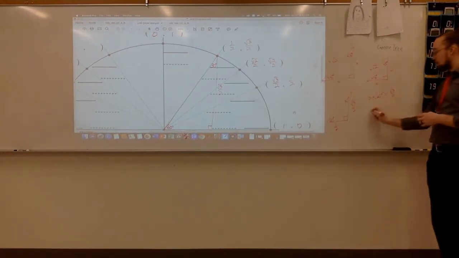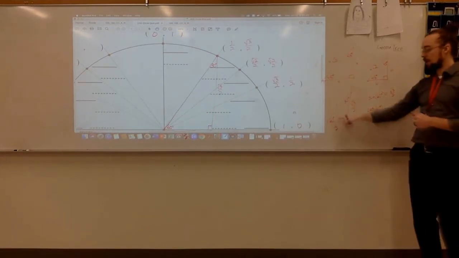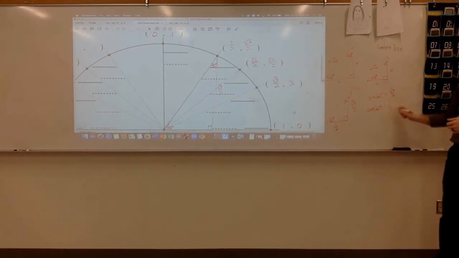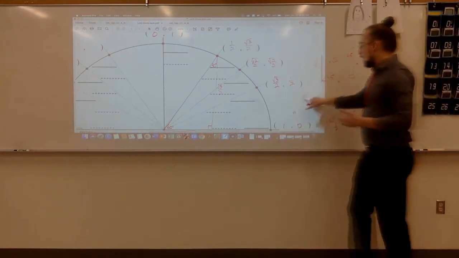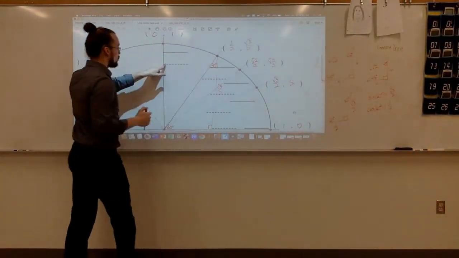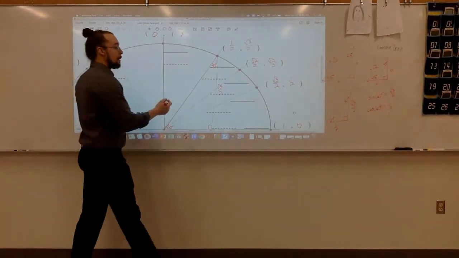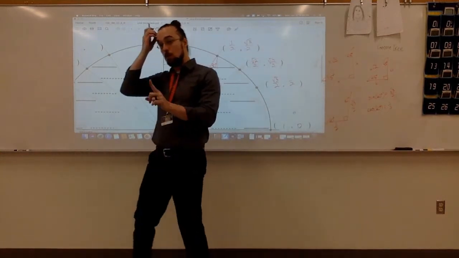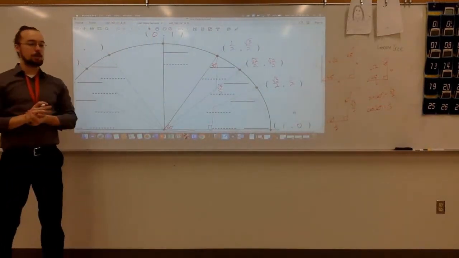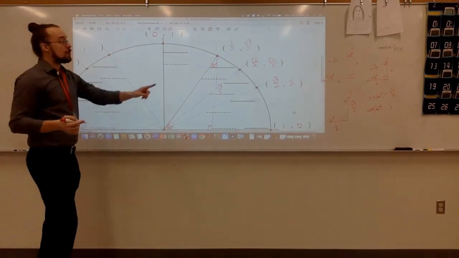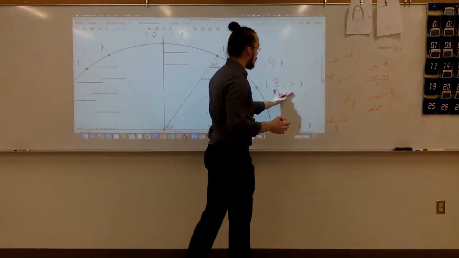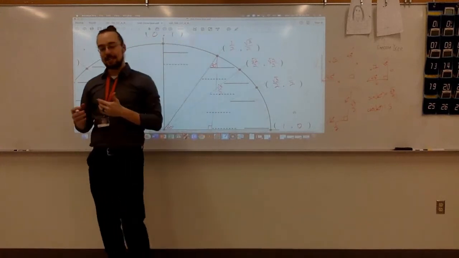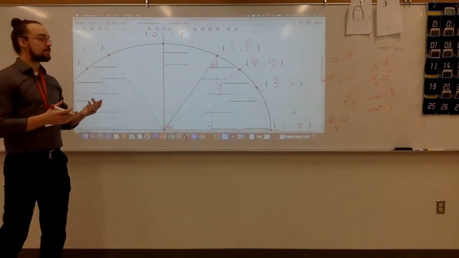Cosine of 60 degrees is the adjacent side over the hypotenuse. So that'll be 1/2 over 1. The unit circle is very useful because our denominators here, when we're looking at our trig ratios, will always be 1, because the hypotenuse of all of these right triangles is just 1. So the coordinates of these points give us those trig values.